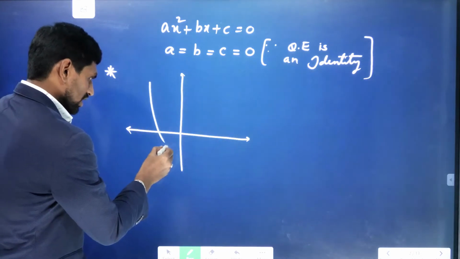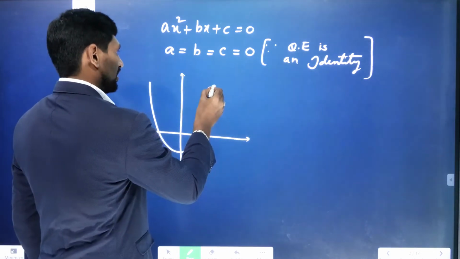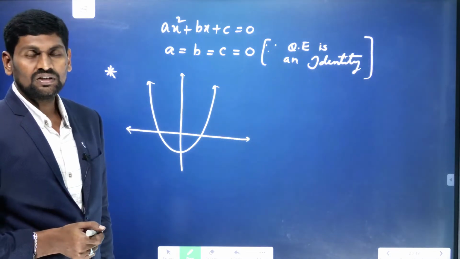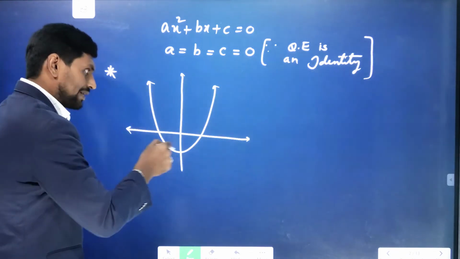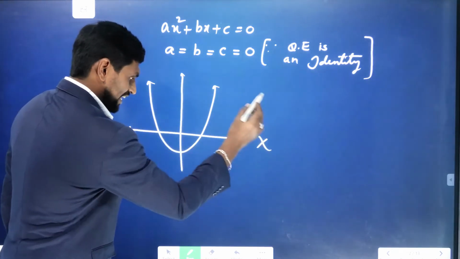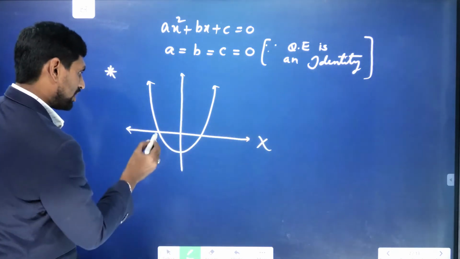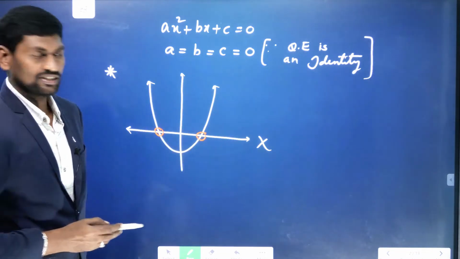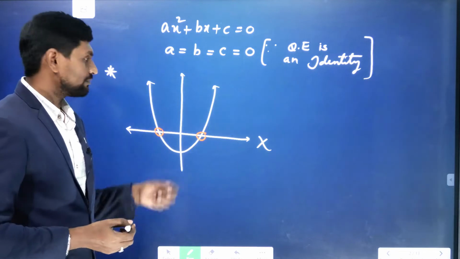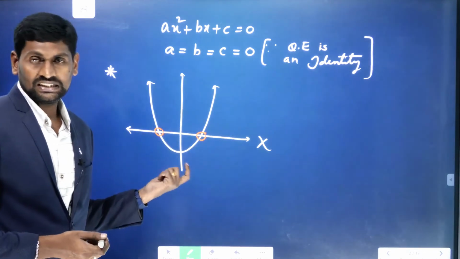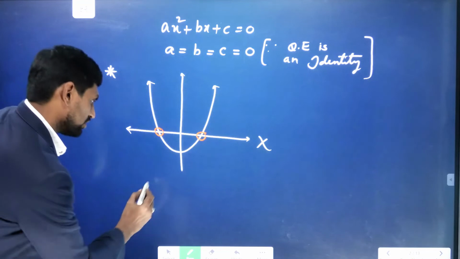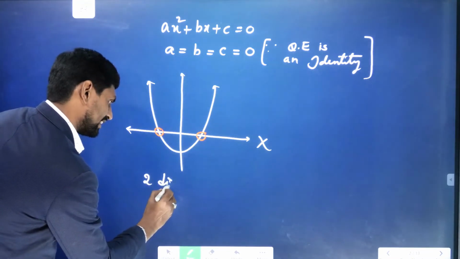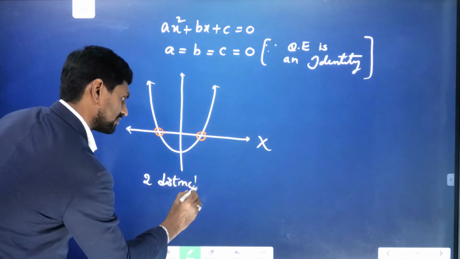When you draw a quadratic equation on a graph sheet, it will give a parabola. Now here, the parabola touches the x-axis at two different points, two different places. That means in this case, we have two distinct or different roots.